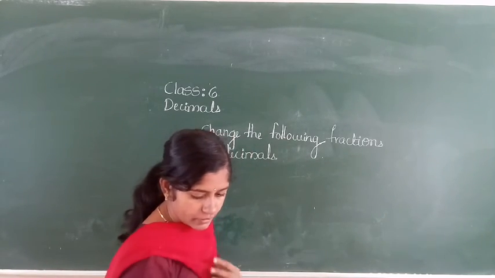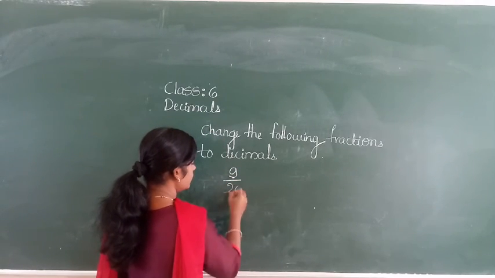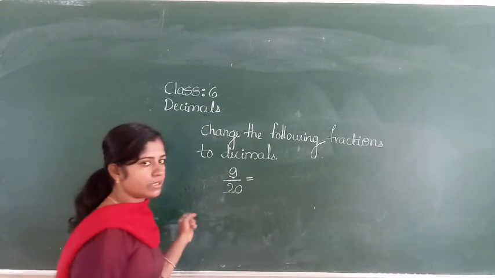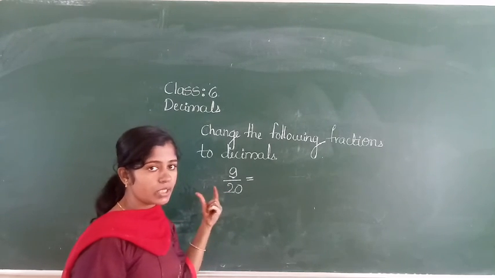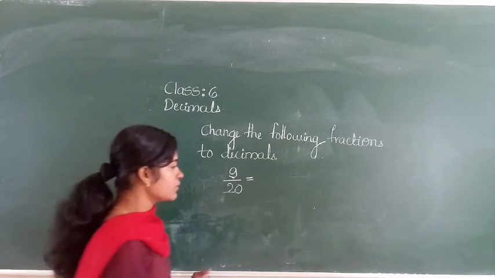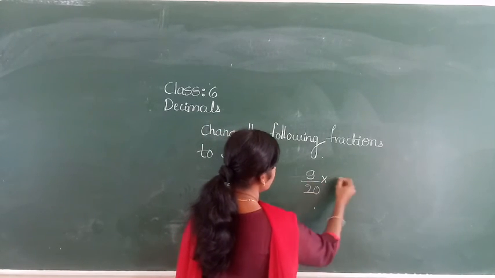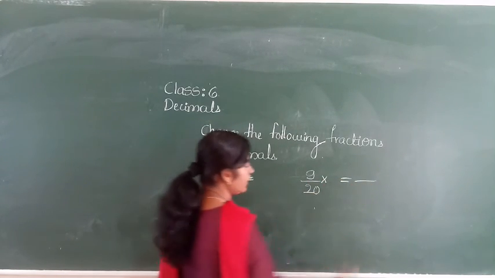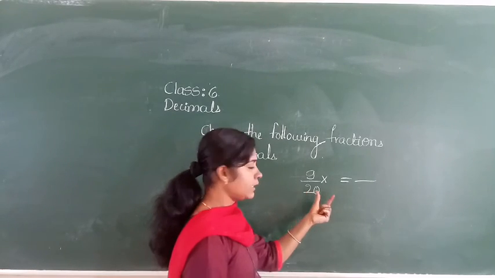Okay, then see here I will take one more example. I will take here 9 by 20. 9 by 20. Okay, see here, when you are converting, the denominator should be 10, 100 or 1000, but here 20 is there. Check, 9 divided by 20 is there, into, I have to make it a 10. No, it will not come because 10 is not a multiple of 20.